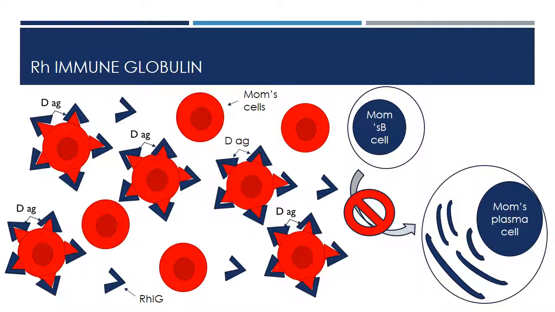Okay, so the antibodies are injected into the mother, and you can see there the blue little arrow-shaped things. They're going to basically coat the antigen that's on the infant's red cells. The mom cells don't have D antigen, right?